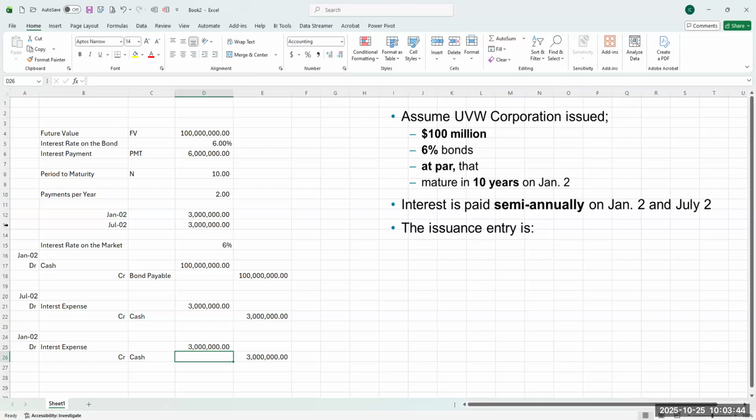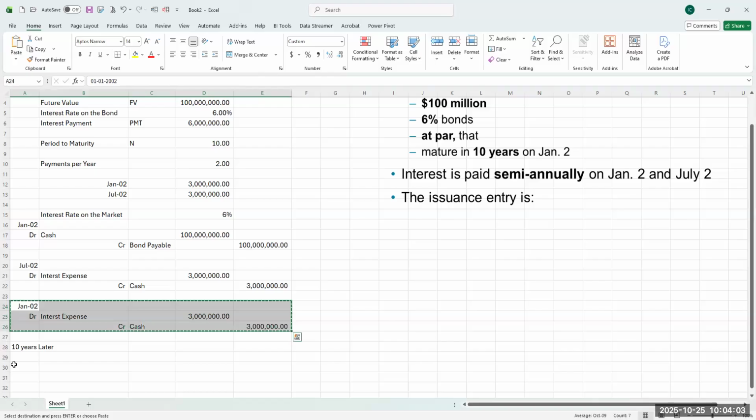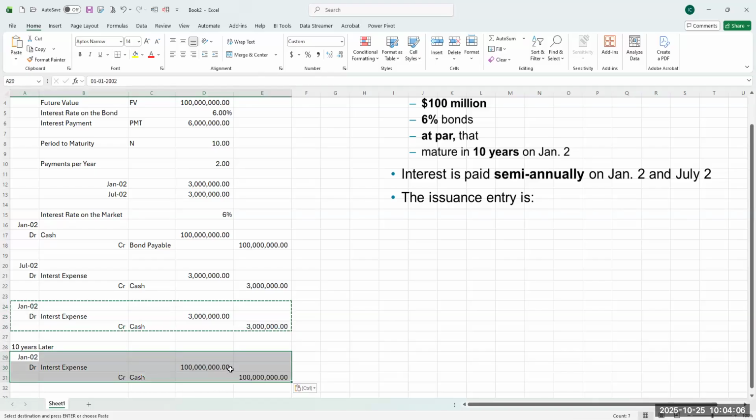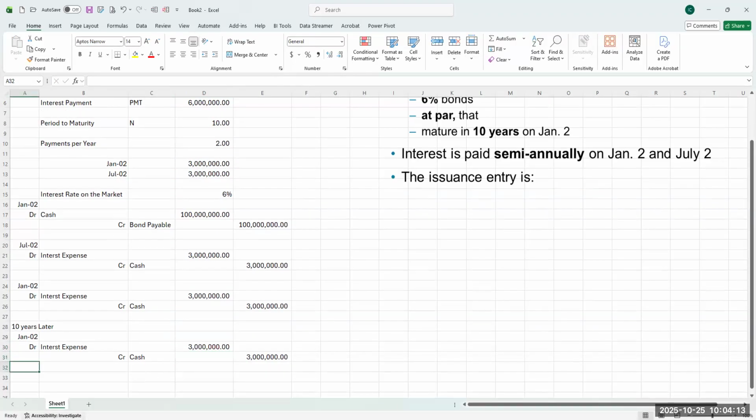So what's going to happen after 10 years? After 10 years on January 2nd, we have to pay the interest, correct? And we're going to pay the interest. What else do we have to pay? The principal. We will return the 100 million.